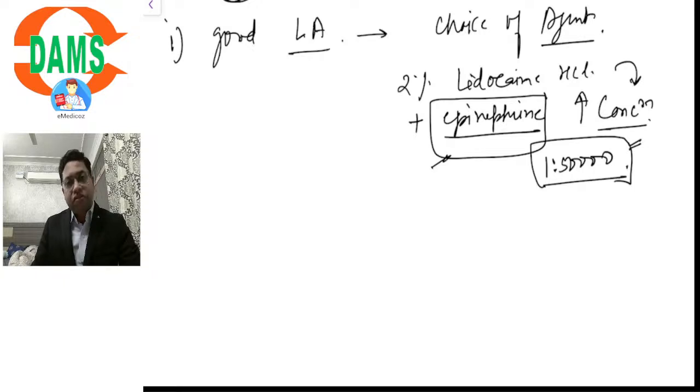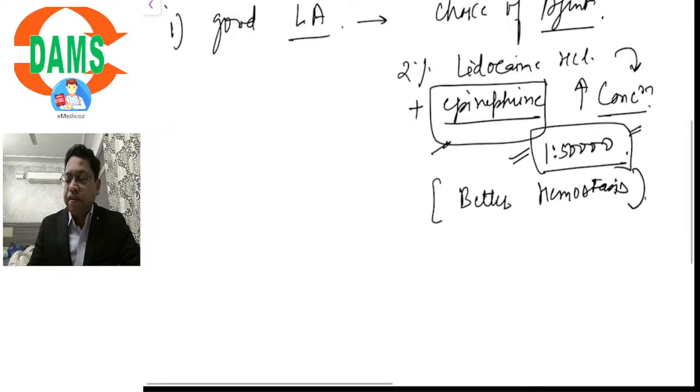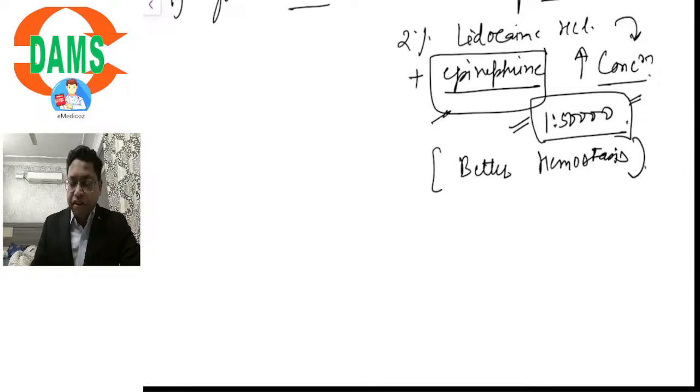You will remember that for general non-surgical procedures, the concentration of epinephrine is in the range of 1 is to 80,000 to 1 is to 1 lakh. Here we use a higher concentration, and this provides for better hemostasis. Hemostasis means blood control. We get better view of the surgical field when we are using a higher concentration of this epinephrine.